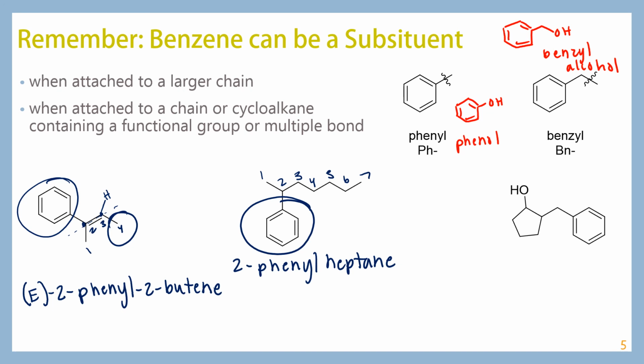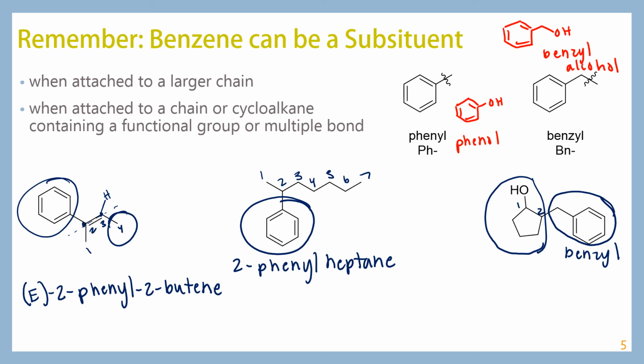Okay, in our last example, this part of the molecule is more important because it has an alcohol. So the benzene and the CH2 that separates it from the rest of the molecule are going to be the substituent. So this is the benzyl substituent. The rest of the molecule is cyclopentanol. This would be carbon number 1.